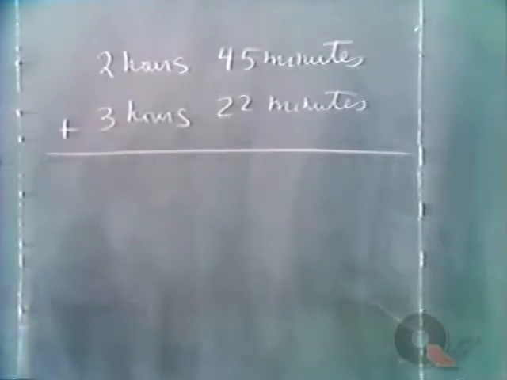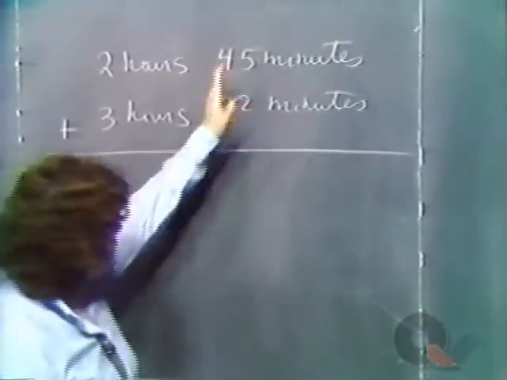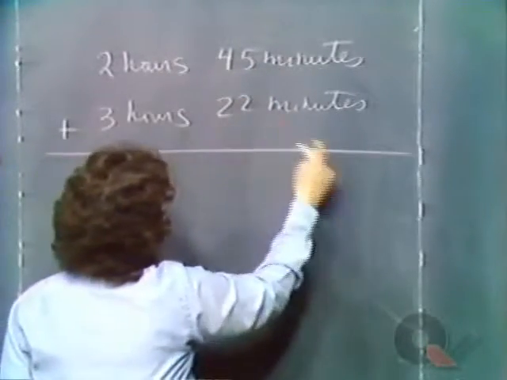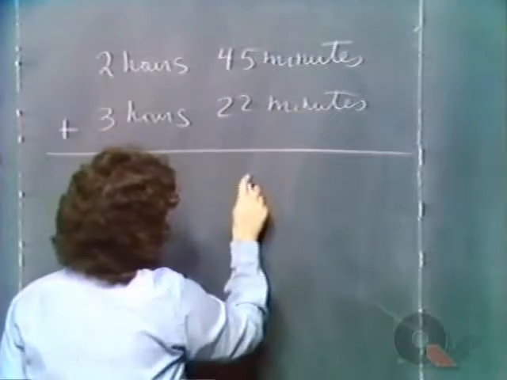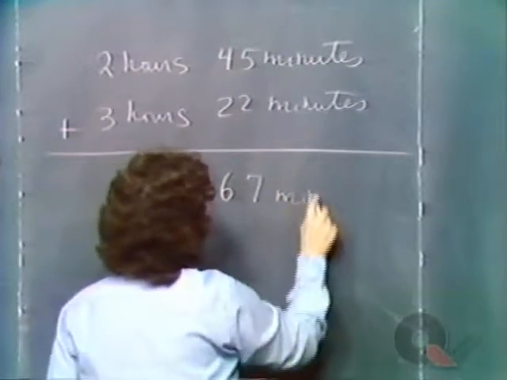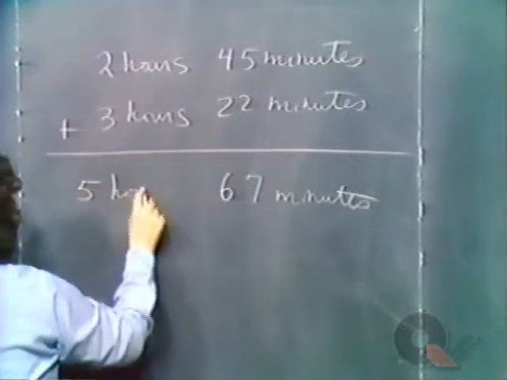Okay, and similar to our work when we were adding integers, we would start over on the right, so we're going to start with the minutes. So we add 45 plus 22. 5 plus 2, that's 7. 4 plus 2, 6. 67 minutes. 2 plus 3, 5 hours.